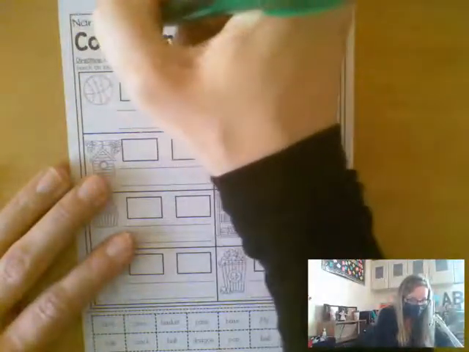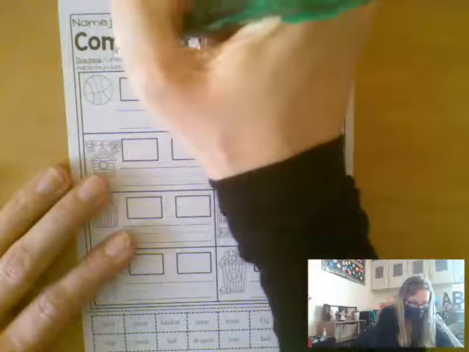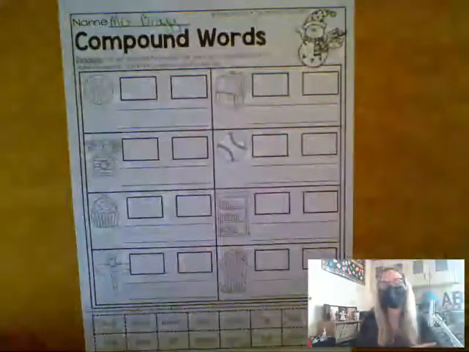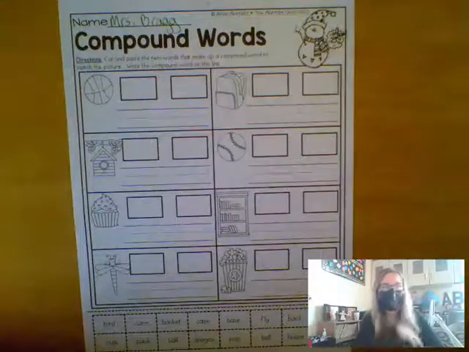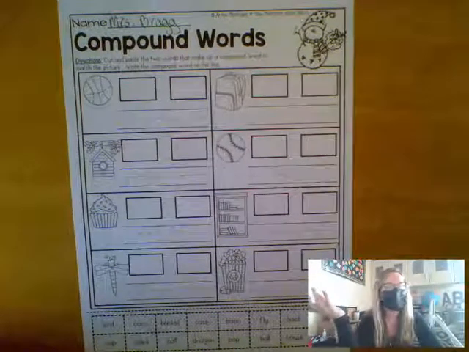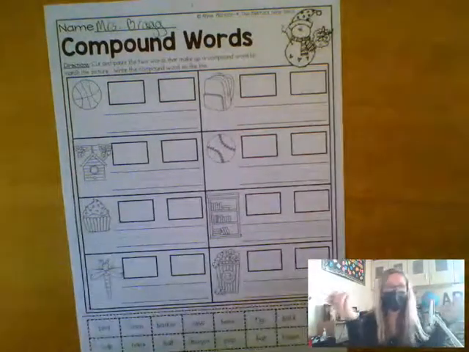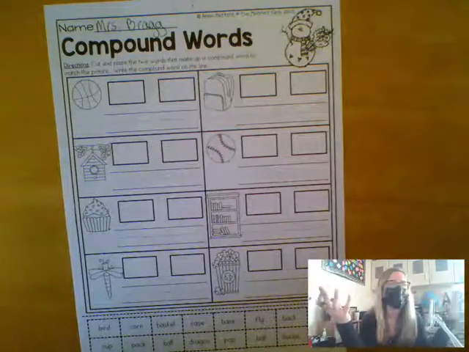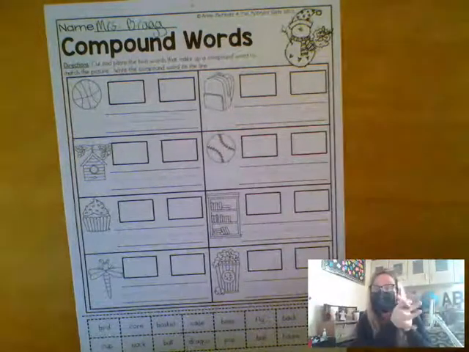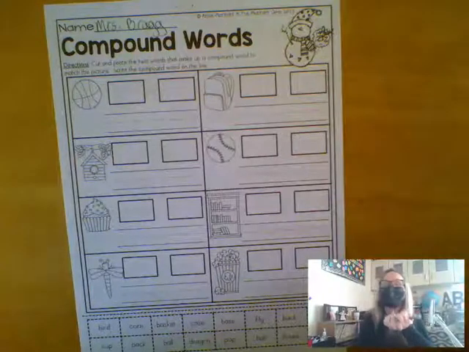Now, friends at home, if you recall, over the past few weeks we've been talking about contractions. And here in the classroom this morning we reviewed the fact that contractions are when we take two words such as I and have, and we squish them together to make a smaller word that has the same meaning.